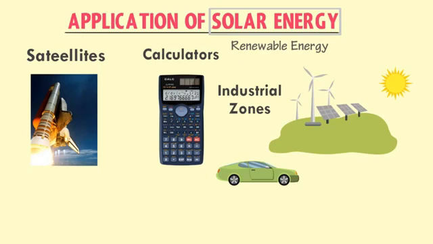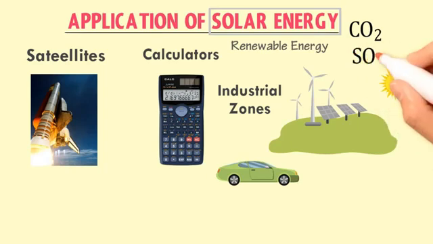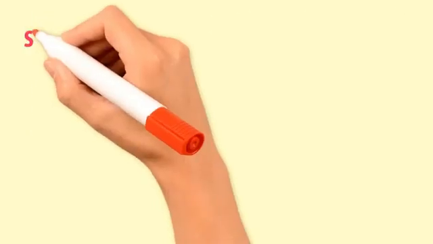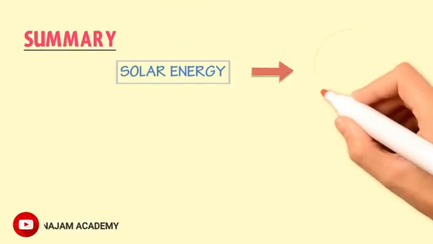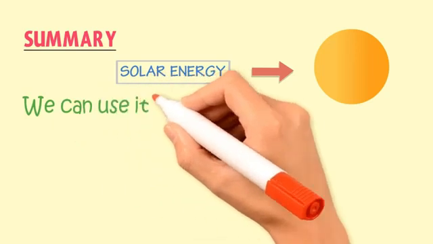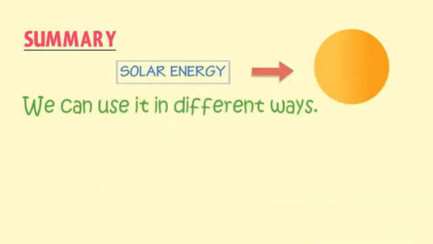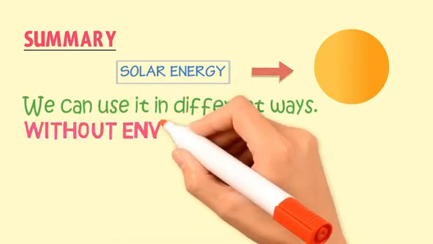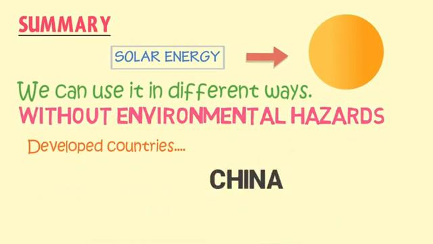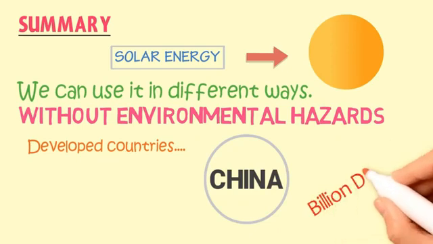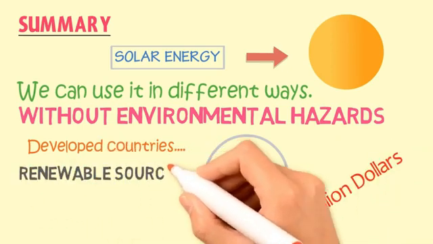It means solar energy doesn't pollute our environment because it doesn't produce pollutant gases like carbon dioxide, sulfur dioxide, etc. To summarize my lecture, we learn that solar energy is the energy of the sun, which we can use in different ways for a long period of time without environmental hazards. That is why developed countries like China have invested $1 billion in renewable sources of energy.